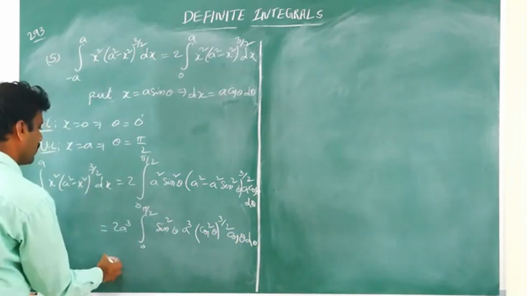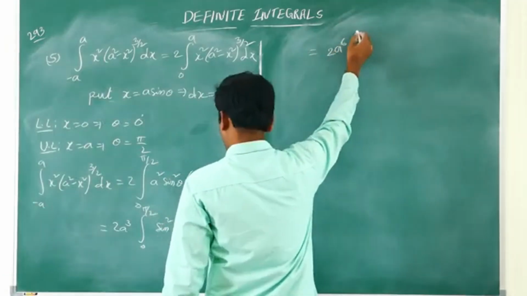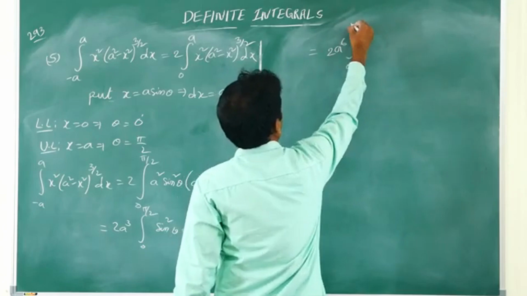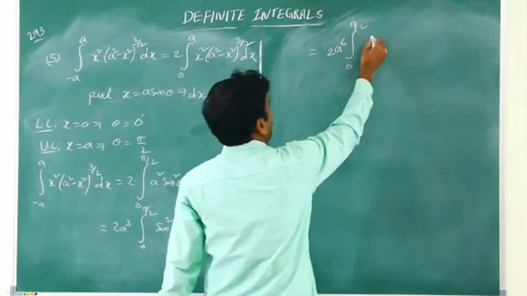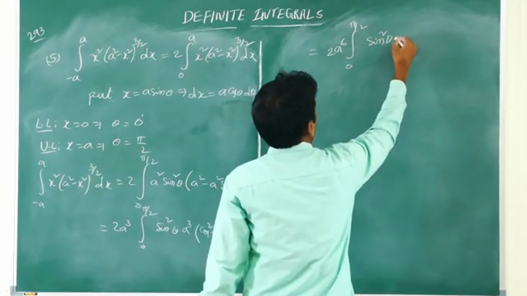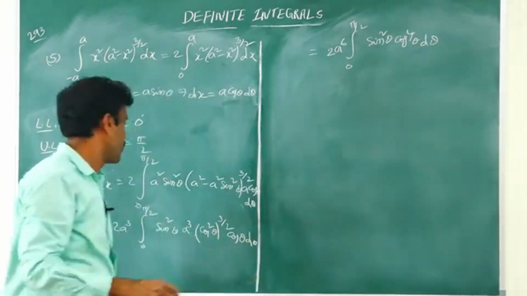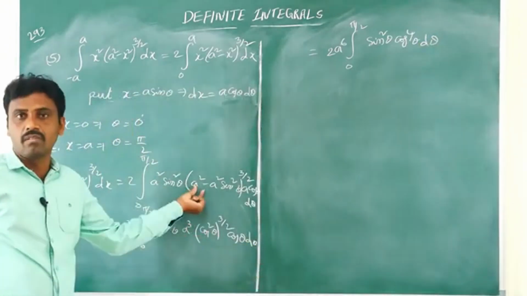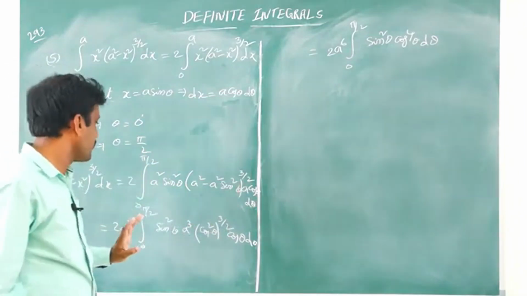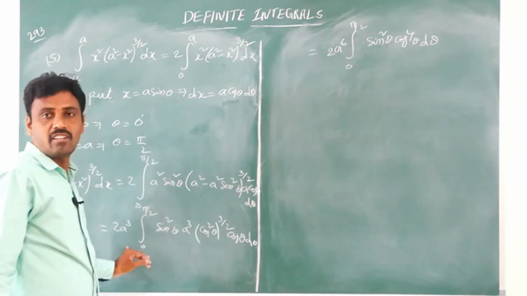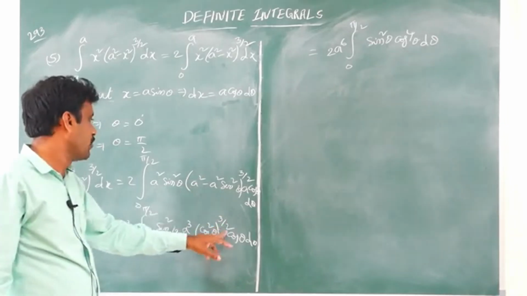A cube a power 3 gives a power 6, integral 0 to pi by 2 sin square theta cos power 4 theta d theta.